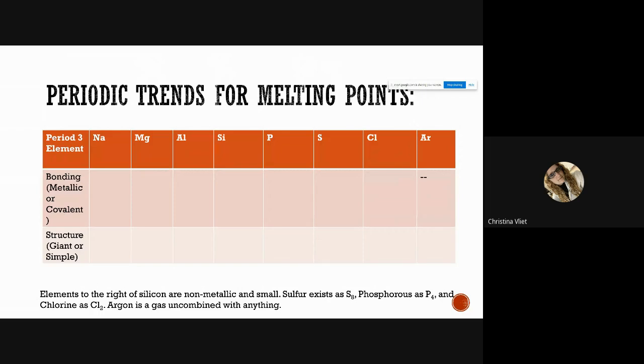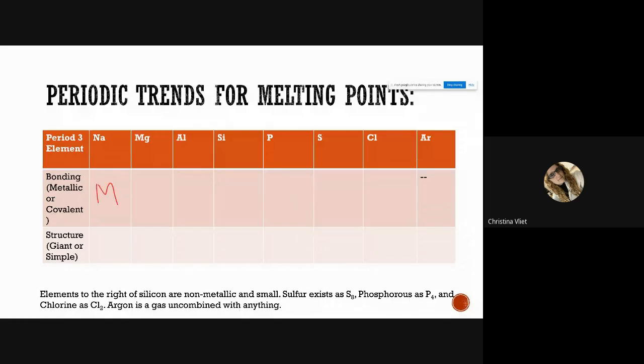All right, here we go. Periodic trends for melting point. Take a look at the bonding for sodium. What would we say the bonding is? It's a metal, right?